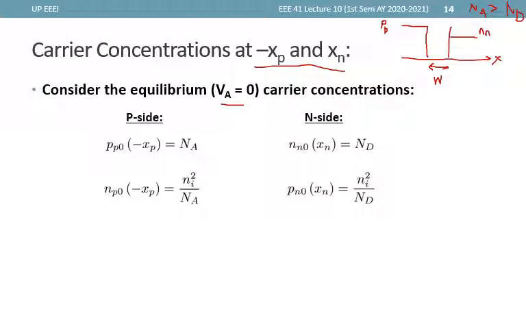If we use n_i squared over N_a, it is small, so we get some small value of n_P. For the other side, we get this minority carrier concentration p_N. Now, this p_P0 at minus x_p is this one here. n_N0 at x_n is this one. n_P0 at minus x_p is this one. And p_N0 at x_n is this one.